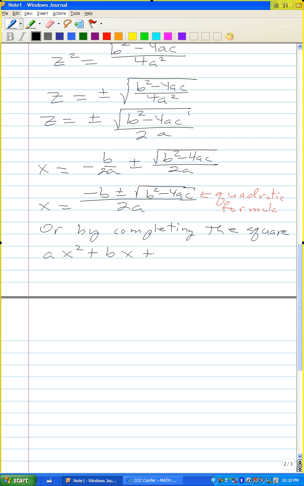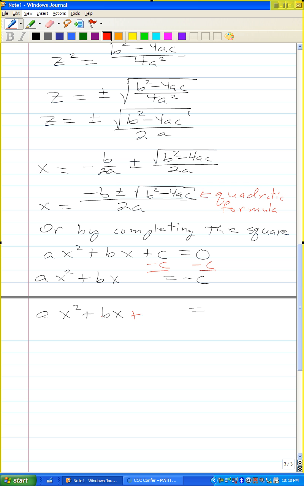And so I have ax squared plus bx plus c is 0. So let's subtract c from both sides of my equation in order to isolate the x's on one side of my equation. And so I get ax squared plus bx equals negative c. And so now what I'll do is I'll add the following to both sides of my equation.